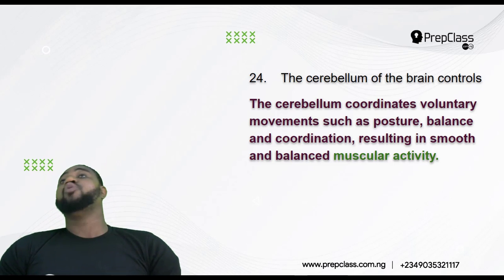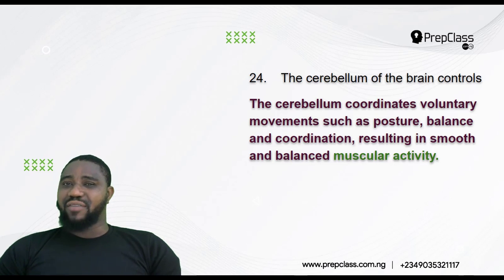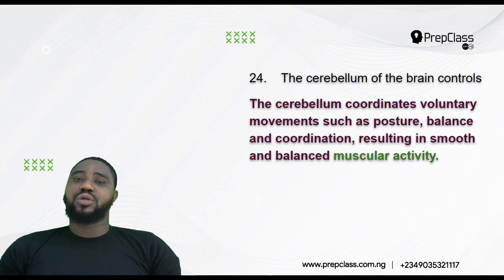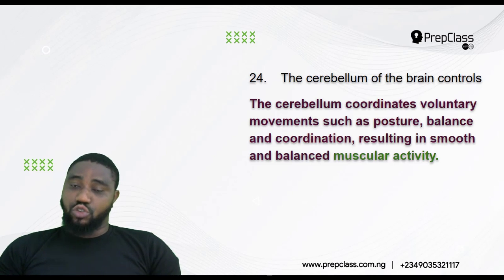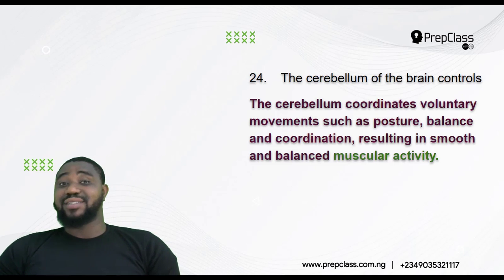That is why drunkards always stagger when they are high, because the alcohol has a kind of negative impact on that channel of the cerebellum sending impulses through the nerves. So now it brings about that staggering movement.